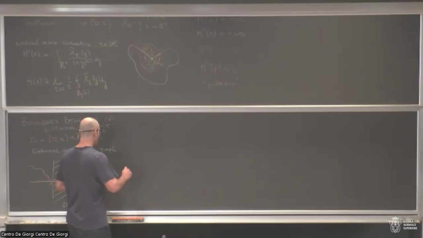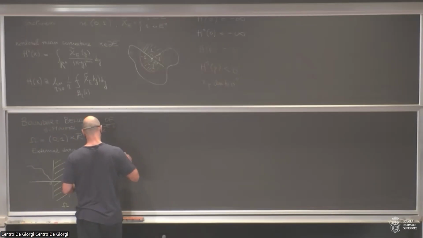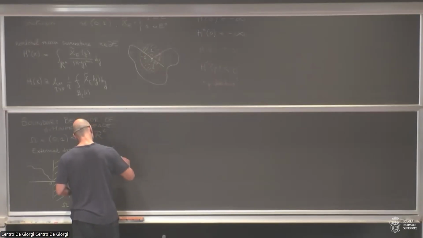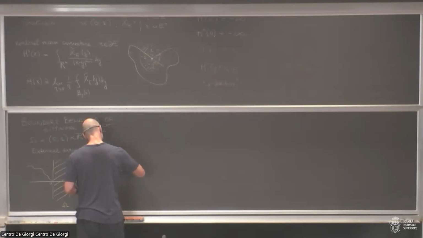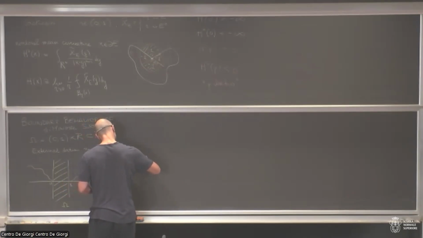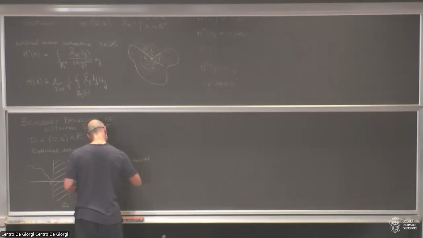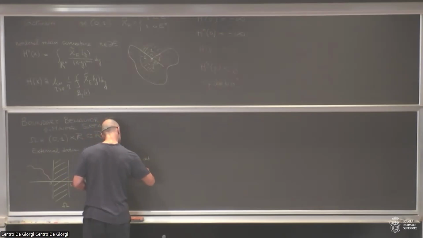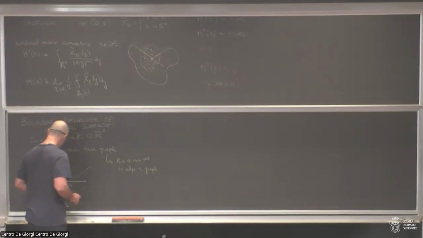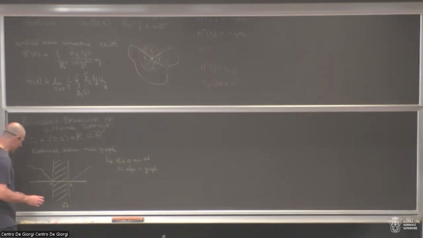So if the external datum is a graph, then the s-minimal set is also a graph. Or by graph, I usually mean subgraph.